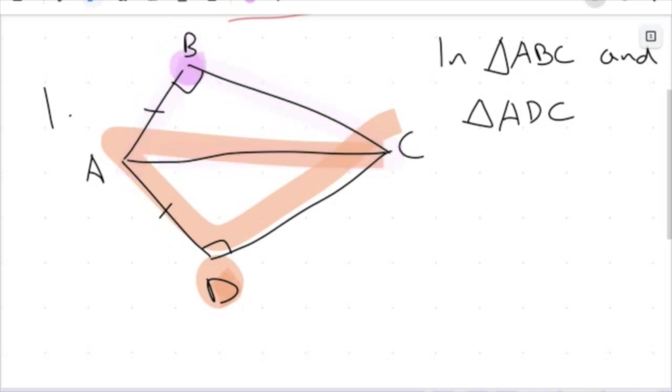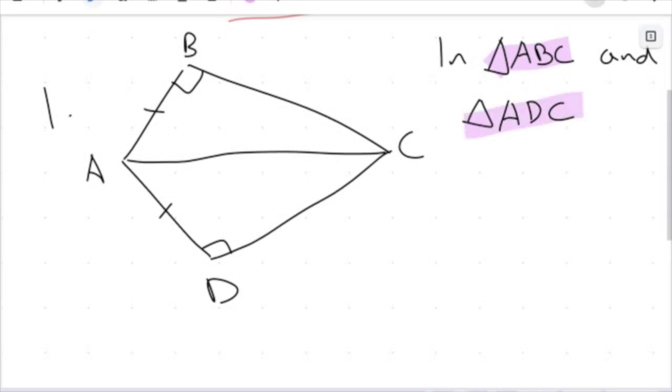So anytime we talk about sides or angles or even stating our two triangles, we want to follow the same order. So have the corresponding sides matching here. So A matches with A, B matches with D, C matches with C.